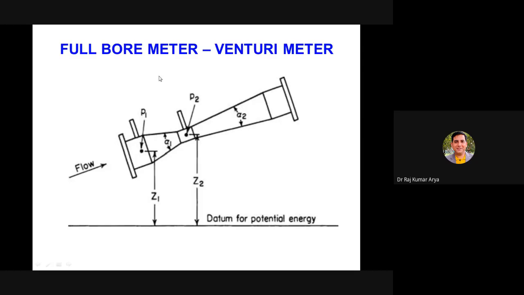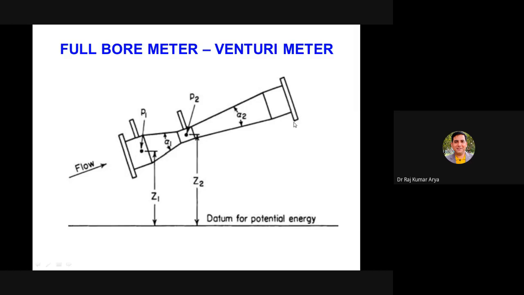So what we have is a full bore meter. This is a flow meter, known as a venturi meter. These are two ends, one here and one at this particular part. If you see, the diameter at both ends is the same as the diameter of the pipe. What is happening in between, for timing, you just leave it. So these are called full bore meters.